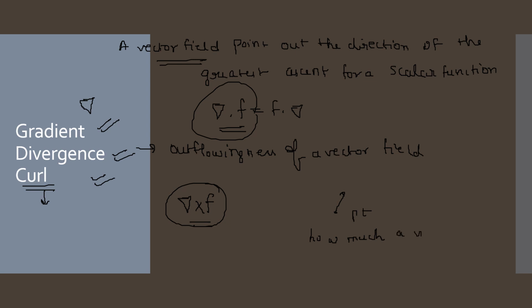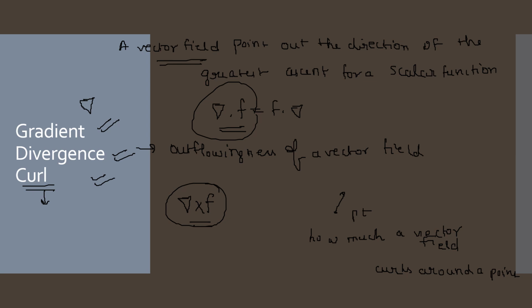A vector field curls around a point. Okay, this is the definition of curl. Now you have got some clarity, or you can check out those videos in which I have explained in detail those questions of gradient, divergence and curl.